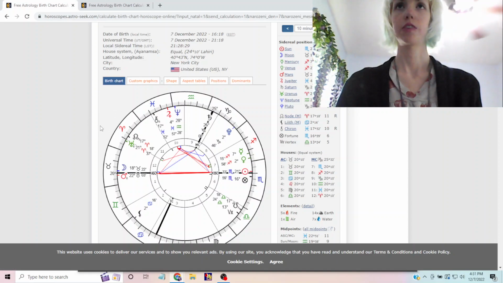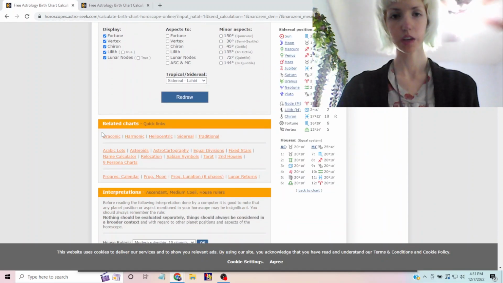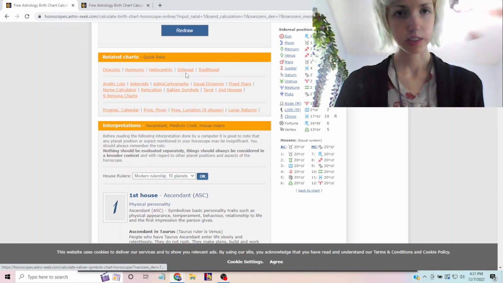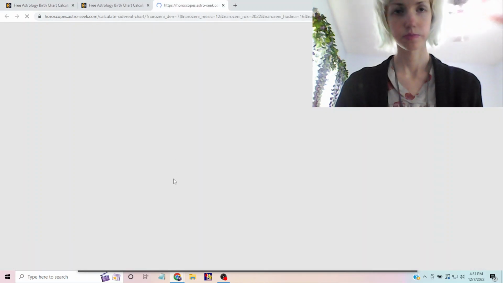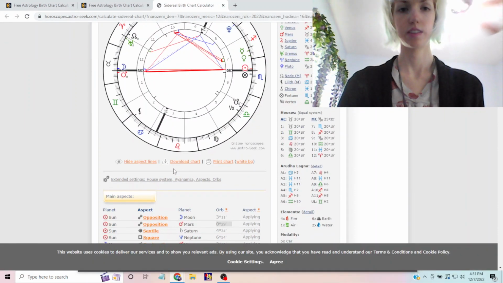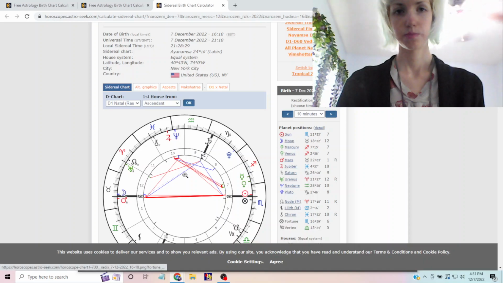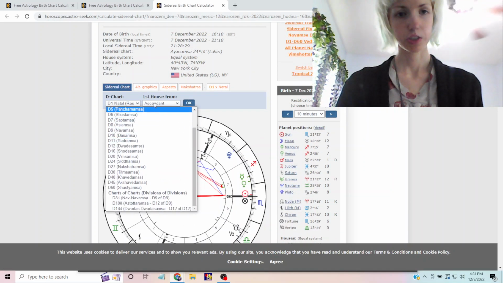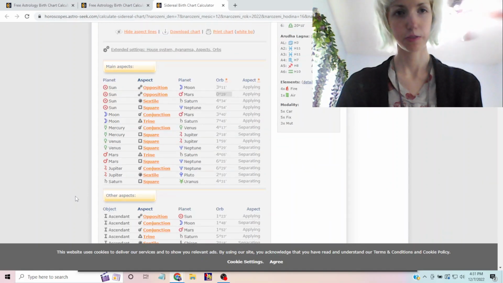So if you want to read this style of chart, I wonder if they have it on Astrology actually. I'm not sure. Let me click sidereal and see if you can look at it from that perspective.